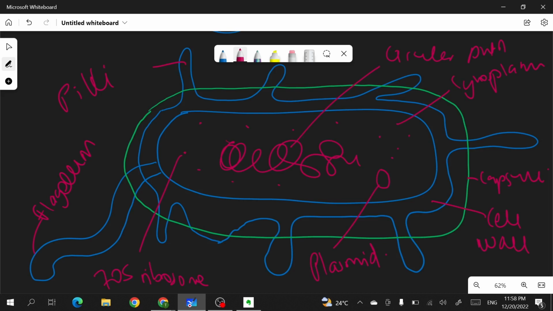They have a cell membrane as well, which is made up of phospholipids and protein. The cell wall, however, is made up of peptidoglycan, unlike a plant cell, which is made up of cellulose. And the capsule, or slime layer, which is green in color as you can see, is a thick polysaccharide, the glycocalyx. It is used for sticking, and this sticky layer also protects against desiccation.